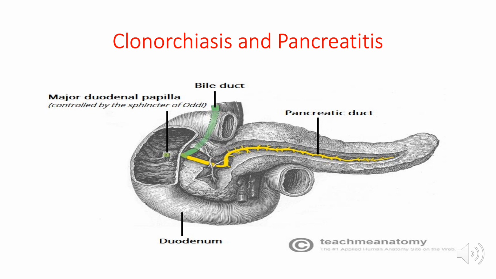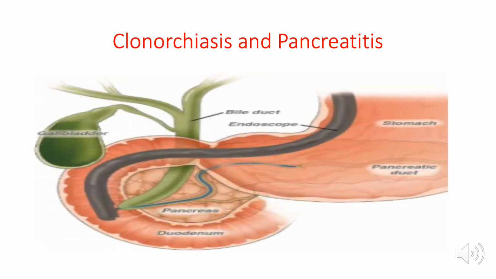And this one is usually diagnosed through endoscopic retrograde cholangiopancreatography, wherein the doctor might see that the tributaries or branches of the main pancreatic ducts are dilated, and it's secondary to the invasion caused by the Clonorchis adult worm.